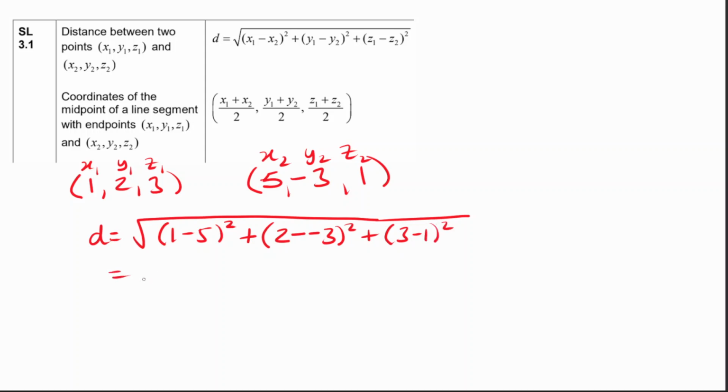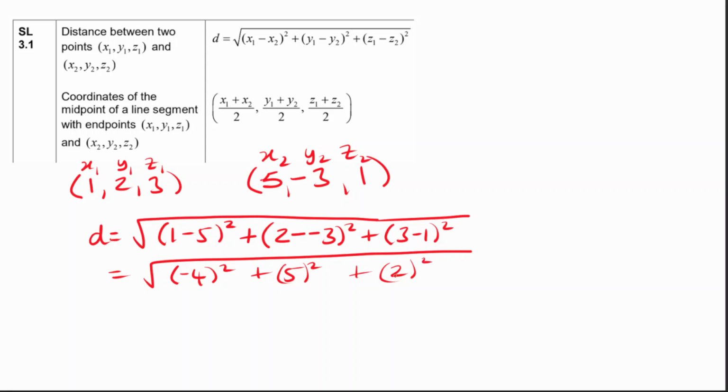Then we just tidy that up. So 1 minus 5 is -4 squared, 5 squared, and 2 squared. When it's positive we don't really need the brackets, but for this one we would.